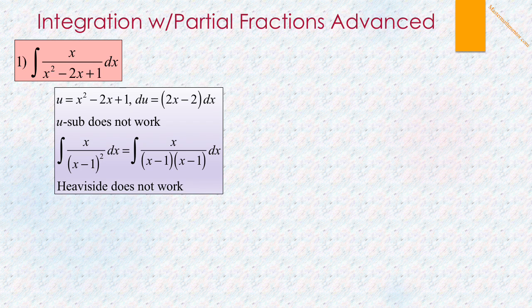We can factor the denominator and write this as the integral of x over x minus 1 quantity squared, which is the integral of x over x minus 1 times x minus 1 dx. But our Heaviside method will not work here because we do not have unique factors in the denominator. We have a repeating factor.